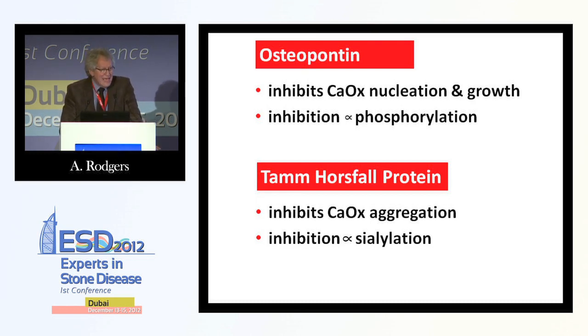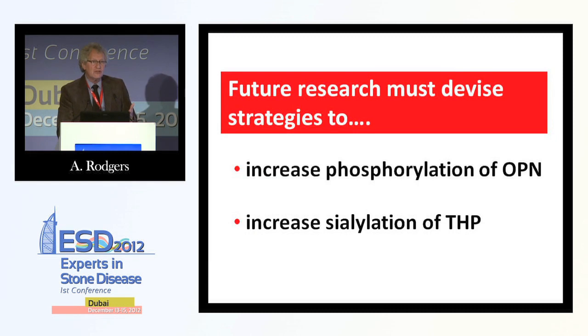And inhibition depends on the extent of the sialylation. And so future research should devise strategies for the clinician which can improve the modulatory effect of these proteins. So that's where the future research needs to go.